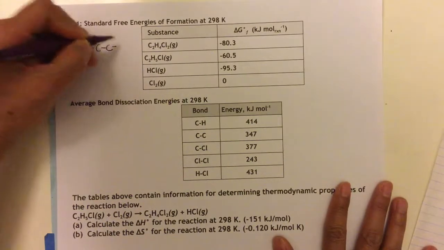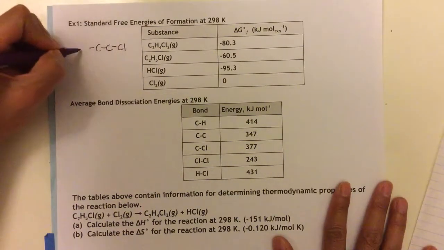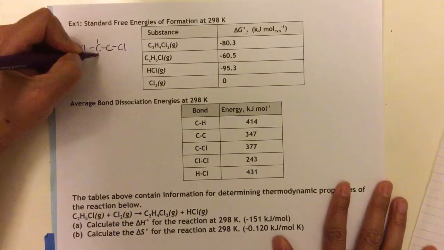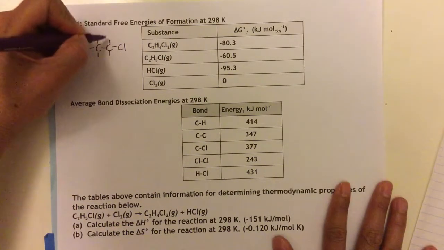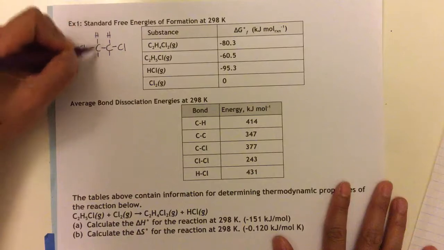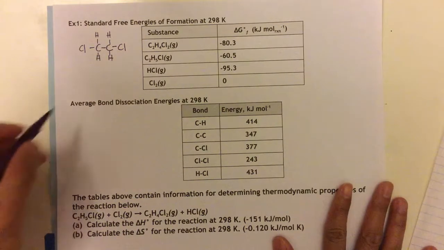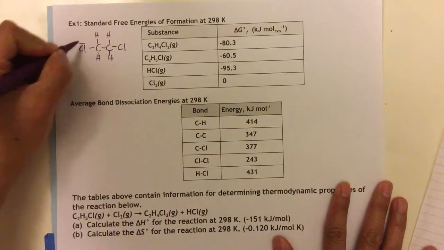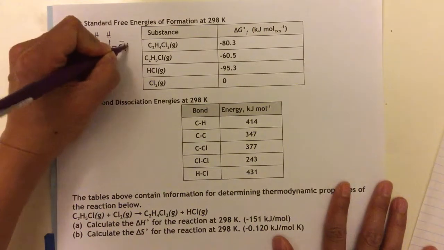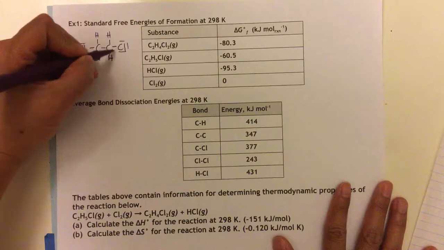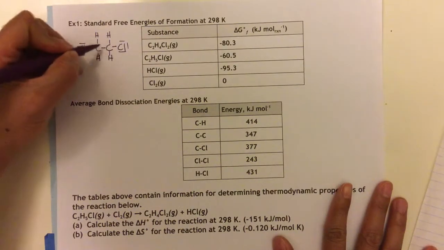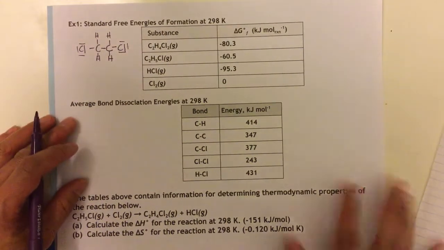I'm going to put the 2 chlorines on both ends of this structure. And I know that carbon usually makes 4 bonds, so I can see where the 4 hydrogens will lay. So this is the structure. There are lone pairs around the chlorine as well, but we're not too interested in those. We're really looking at the breaking of these bonds that you see in this structure.